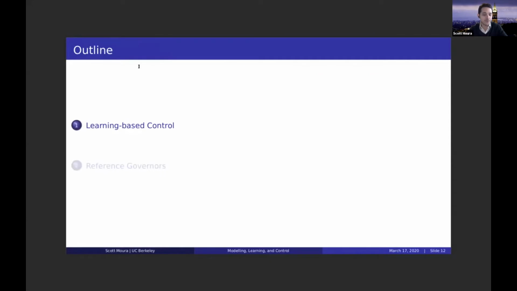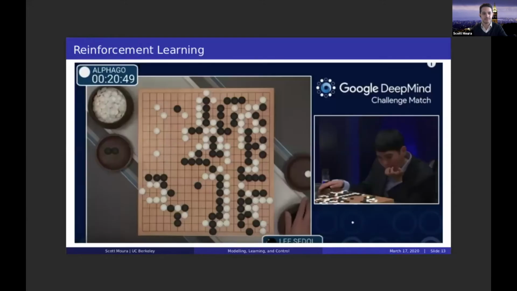Okay, so first what I want to describe is learning-based control, some extensions and novelties we've made in reinforcement learning to apply to batteries, and then we'll talk about reference governors.